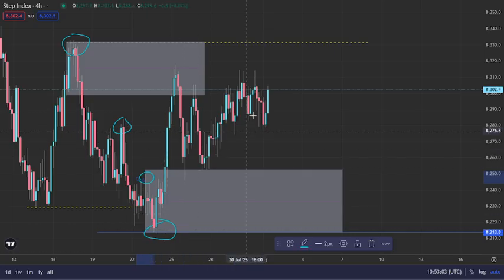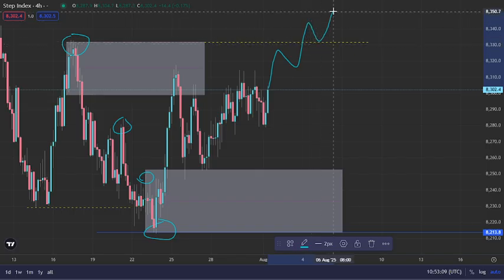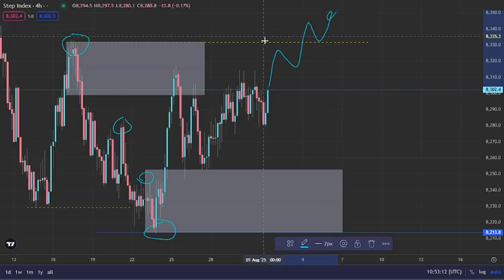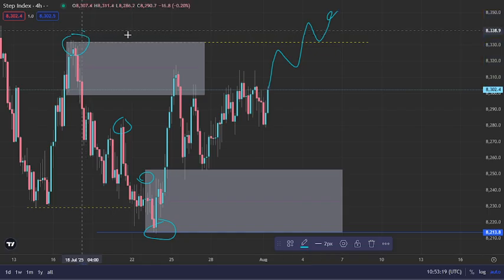So, looking at this structure, price continues and price breaks this structure and we continue to the upside like this, right? You can see that here is a strong structure right now.